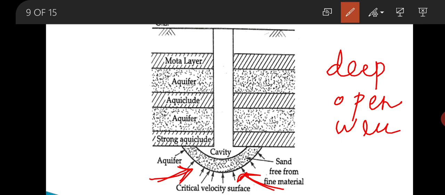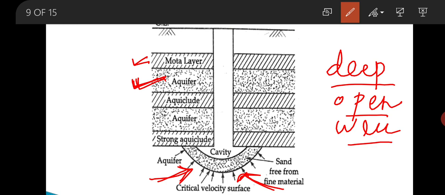But the only difference is that in case of a deep open well, it will obtain the water from the first aquifer, which is present just below the mortar layer. See here, in case of a deep open well, it will draw the water from the first aquifer, which is present just below the mortar layer.